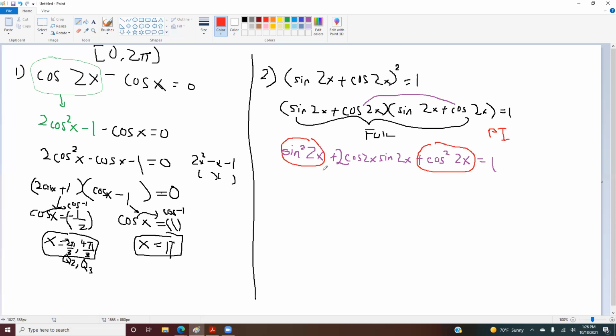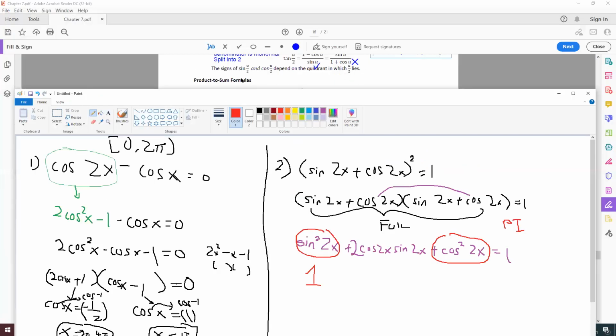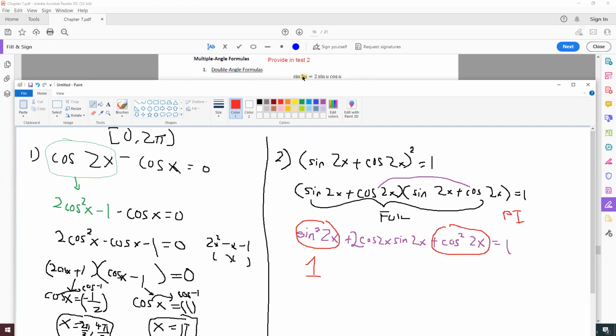So this actually will give us 1 using Pythagorean. And so we have this 2 cosine 2x sine 2x. If you look at your formula, the 2 cosine 2x sine 2x is actually this.